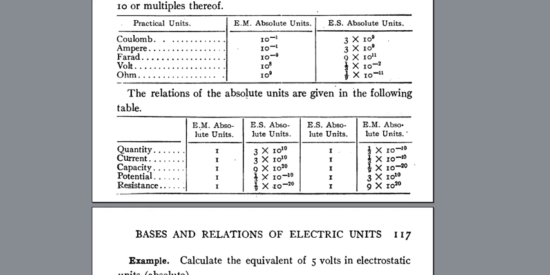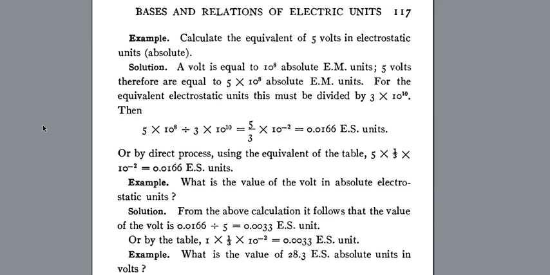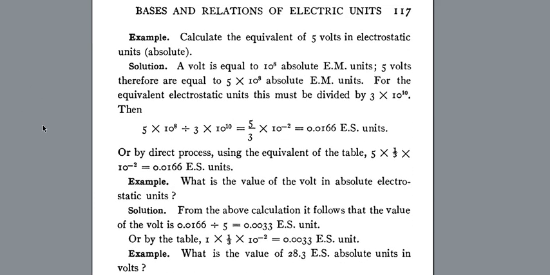Example: calculate the equivalent of 5 volts in electrostatic units, absolute. Solution. A volt is equal to 10 raised to the power of 8 absolute electromagnetic units. Therefore, 5 volts are equal to 5 multiplied by 10 raised to the power of 8 absolute electromagnetic units.